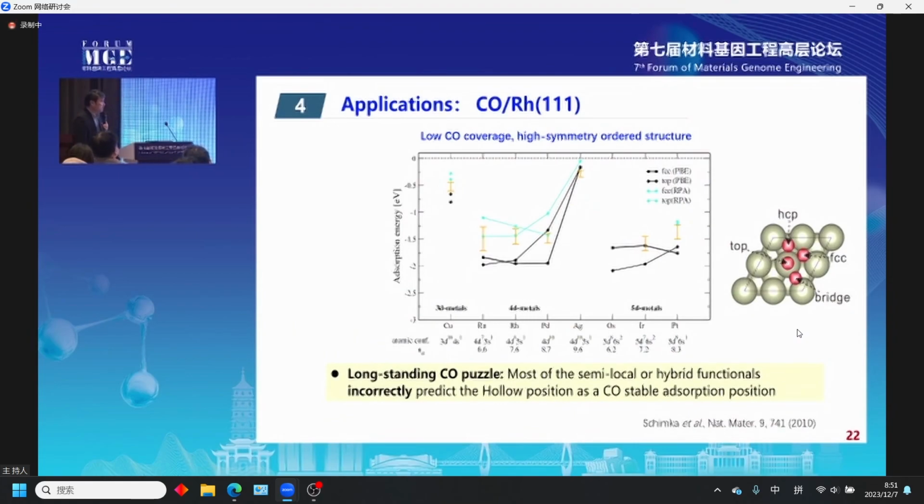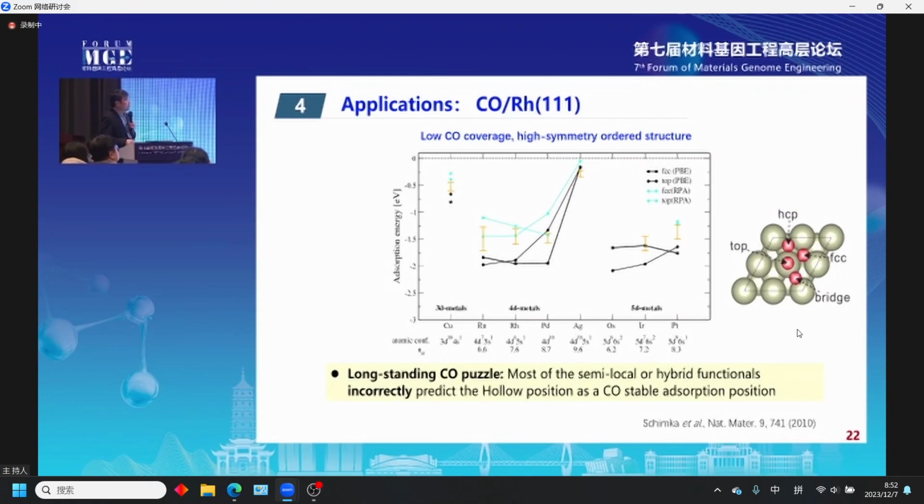And the second case I want to show is CO gas adsorption on the Rh metal. This is a very long-standing CO puzzle problem in our field.